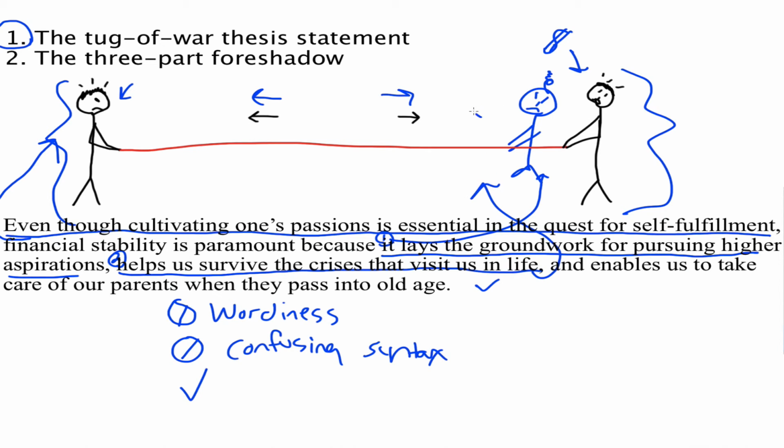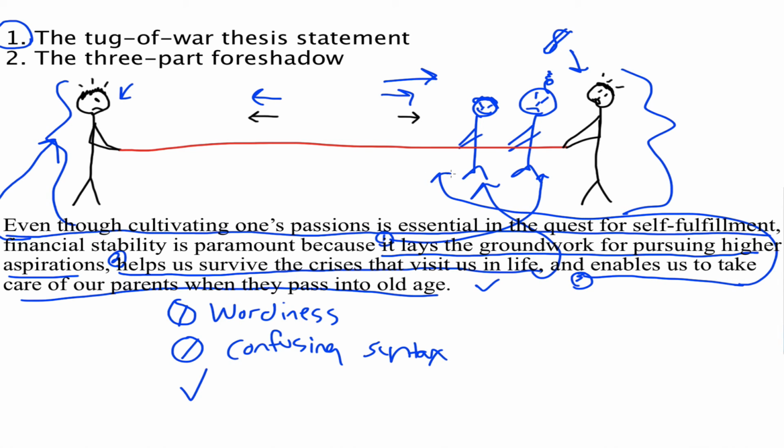That's like yet another stick figure pulling on, I'll give this one a devious smile and a head of hair, pulling this way. And financial stability enables us to take care of our parents when they cross over into infirmity, old age, ill health, etc. And that is yet another stick figure pulling along, and I'll give this person long hair, just for the fun.